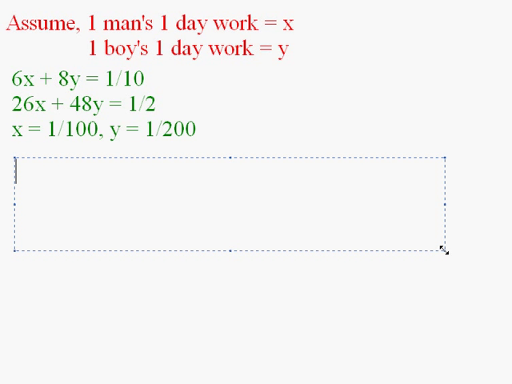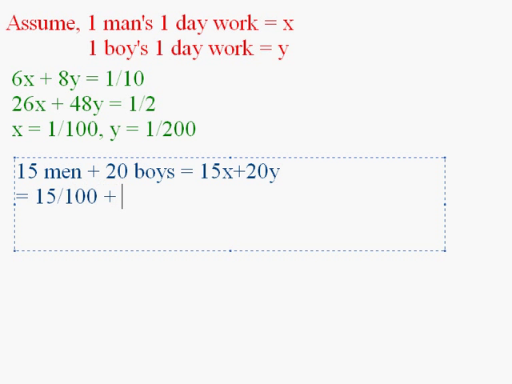We can just write here 15 men plus 20 boys. They are able to do the whole work in how many days? We'll find out one day's work first. So it will be 15x plus 20y, equal to 15 upon 100 plus 20 upon 200. If you solve it, you will get 1 upon 4, right?